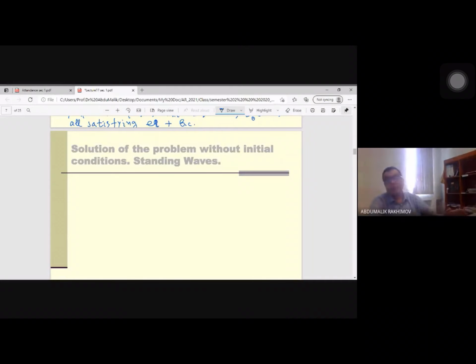But our problem also has initial conditions, right? A standing wave satisfies u_tt equals a squared times u.